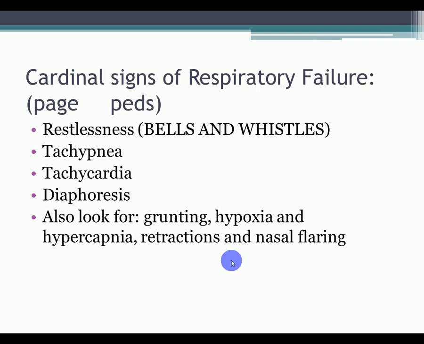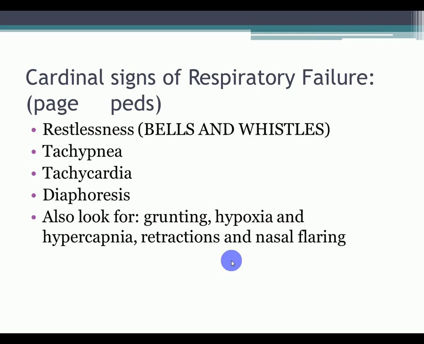As far as the cardinal signs that you're going to be looking for, the first 4 are the cardinal ones, and these are restlessness. Bells and whistles should be going off. If you have a pediatric child that is just extremely restless in that bed, that's a clue. Respiratory failure impending. Tachypnea, tachycardia, and diaphoresis. Those are not good when seen together.